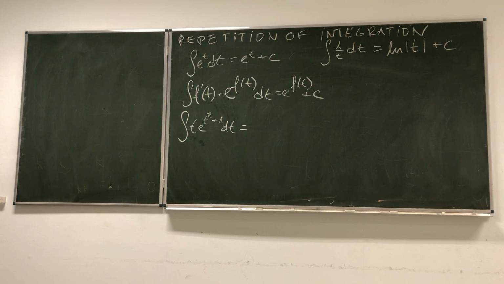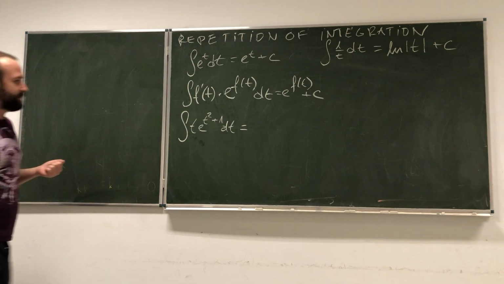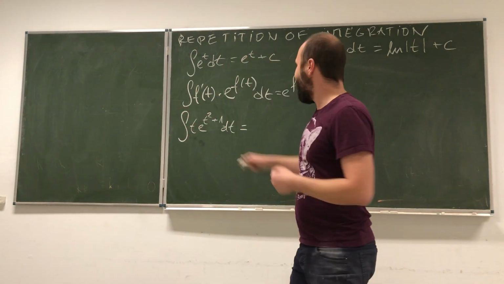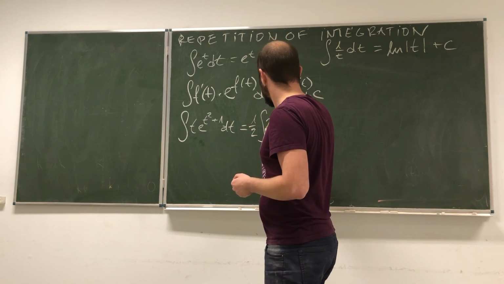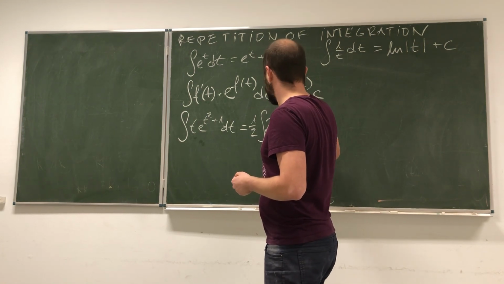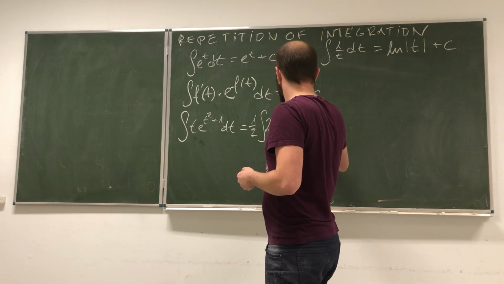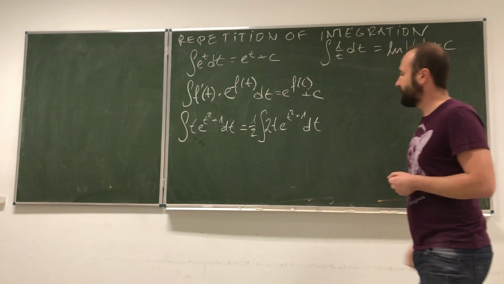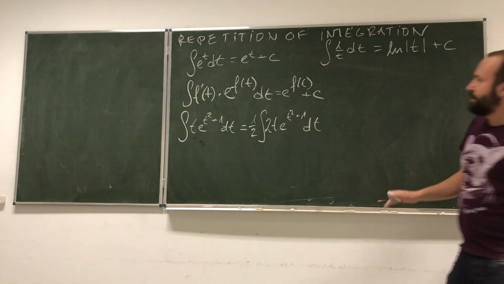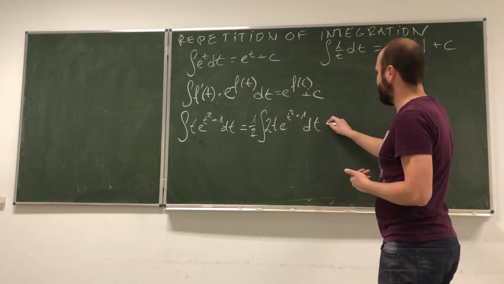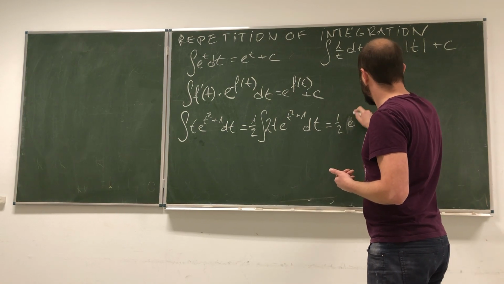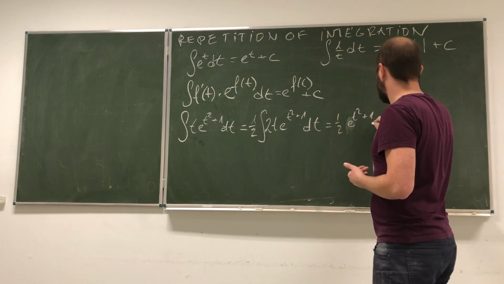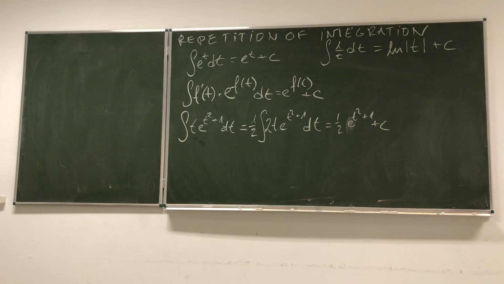So, in order to obtain 2t, what do I need to do? Well, I need to take out of the integral 1 over 2. Right? And now I can use the formula, and I get that this is 1 over 2 e to t squared plus 1 plus c.